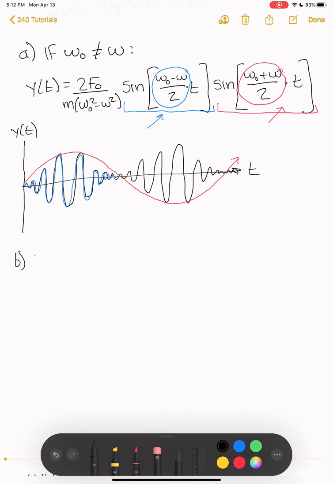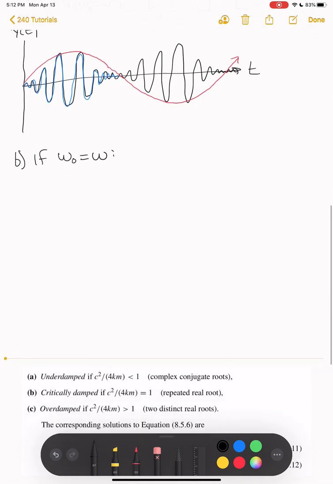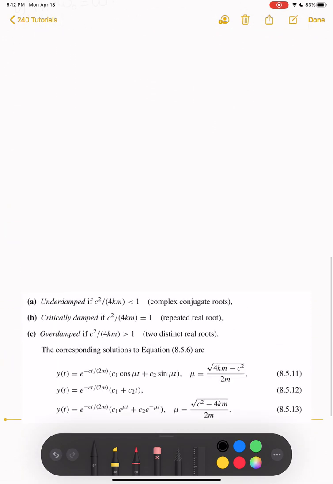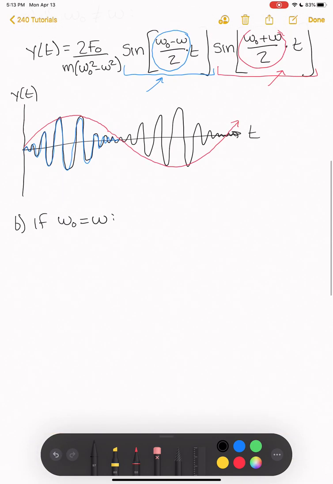And then we have the coolest case, when omega naught is equal to omega. What happens here is something a little spooky.